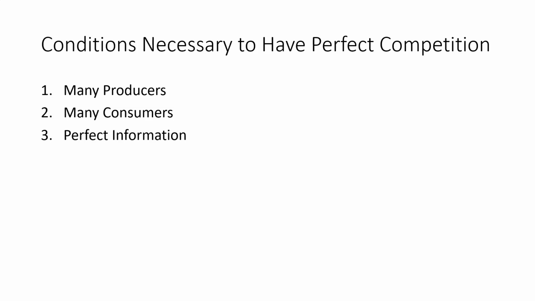Also, it means that all consumers have all of the information about the product. This helps make sure that you as a consumer, when you buy your product, are able to maximize your utility. Right? You make the best choices that you possibly can.